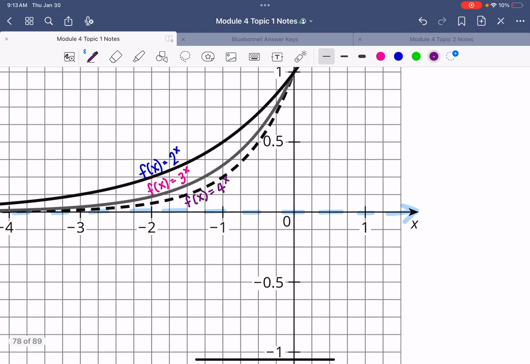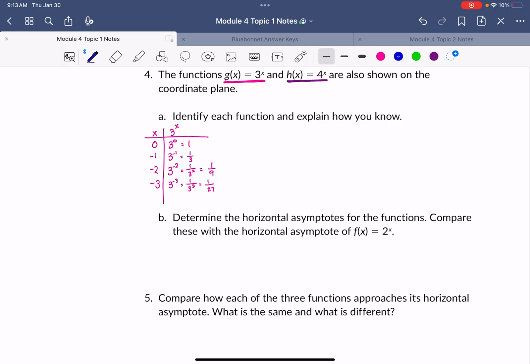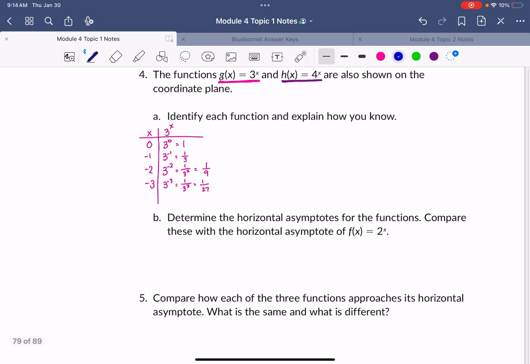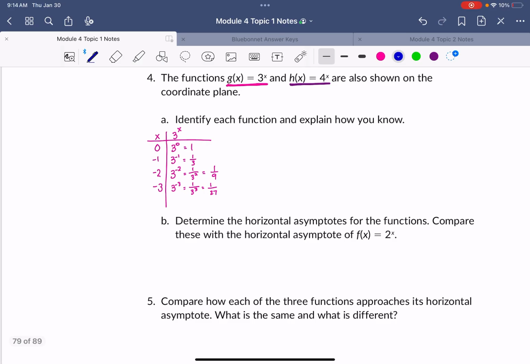And then again, the reason we knew that was because of the table of values, right? So let's just put that. So we used a table of values to find points on our graph.